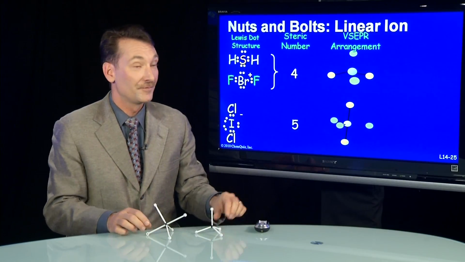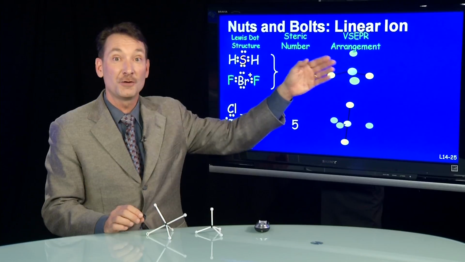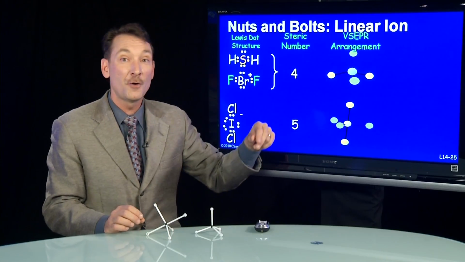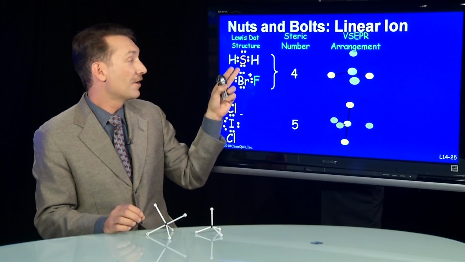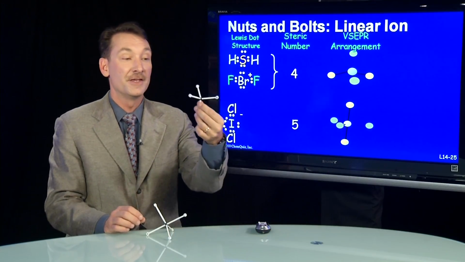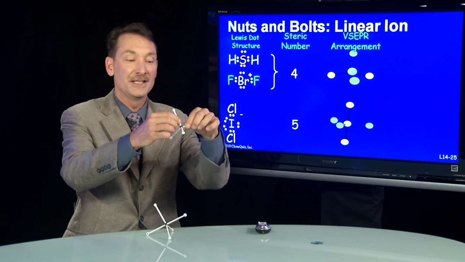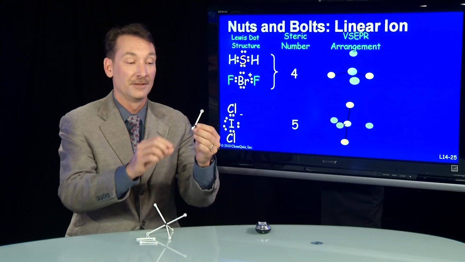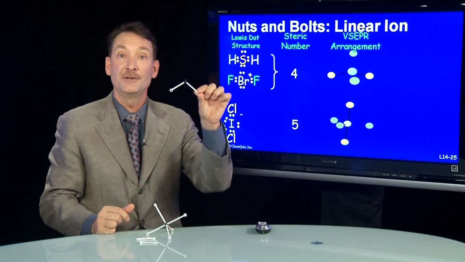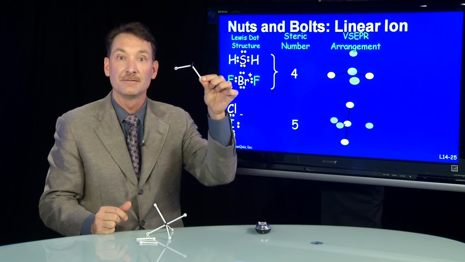But remember, when we're talking about the actual molecular geometry, we ignore the lone pairs. So for these 2 molecules here, there are 2 lone pairs. So you have the tetrahedral geometry, but it's as if you're going to ignore 2 of the arms. If you ignore 2 of the arms, you get a molecule that just looks bent.